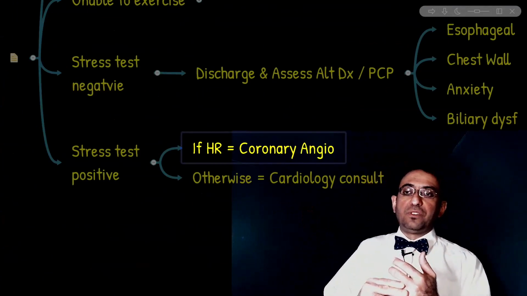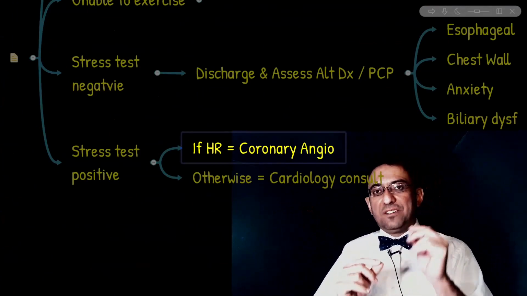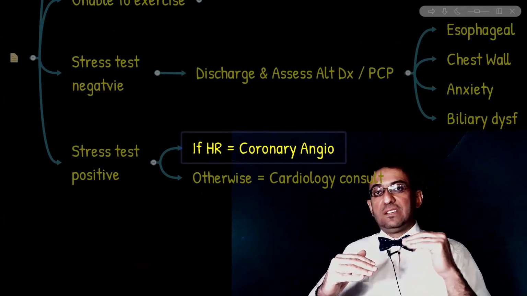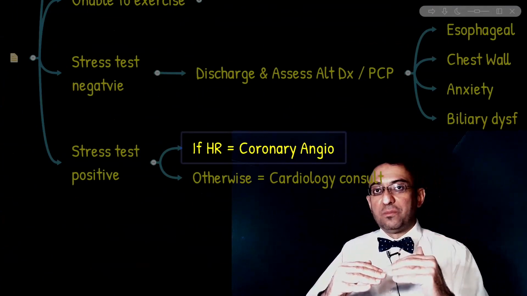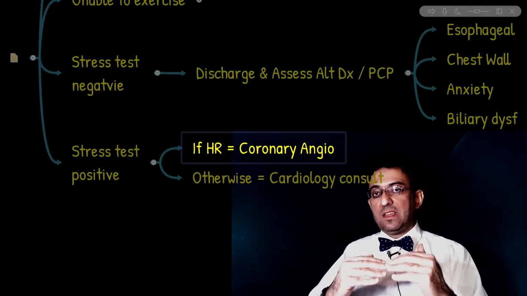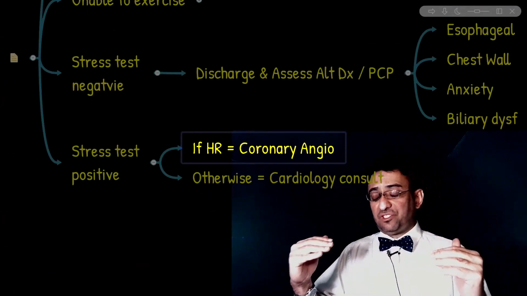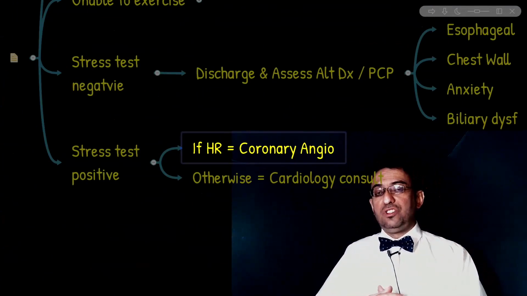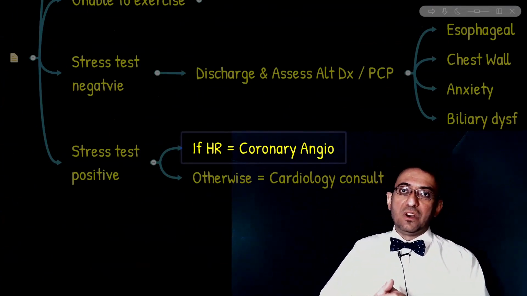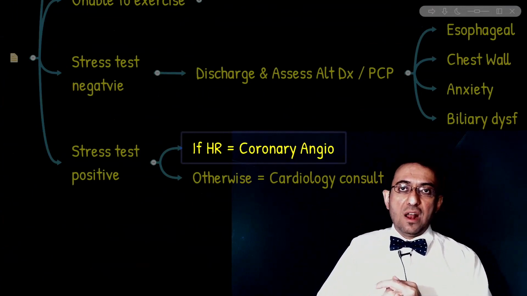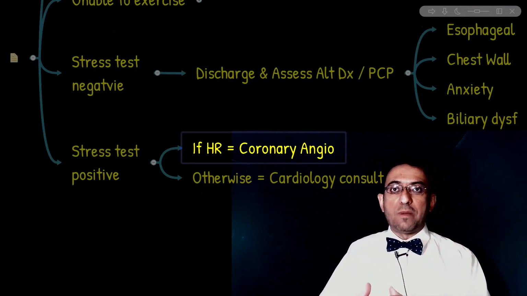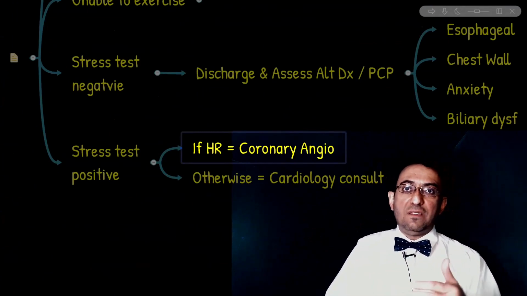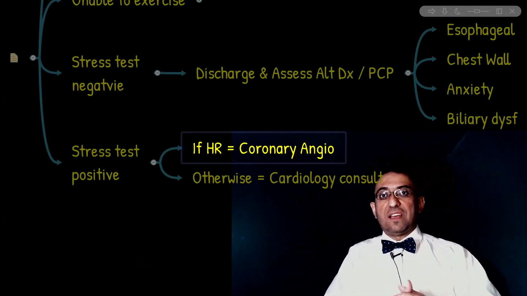So these are examples of high risk features, but there is a prerequisite for any of these findings to be significant, and that is that it should be reversible. That is, it should be happening only during the stress or exercise phase, but should not exist during the rest phase, because if there is a non-reversible, say, wall motion abnormality, that means scar tissue, and the patient would not benefit from any further procedures such as revascularization.